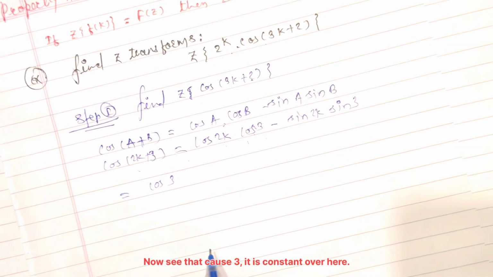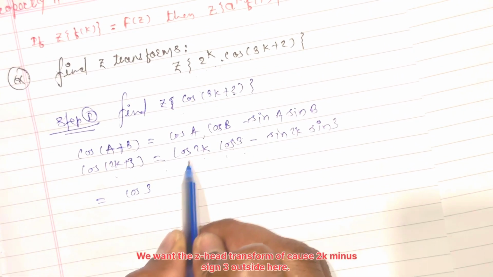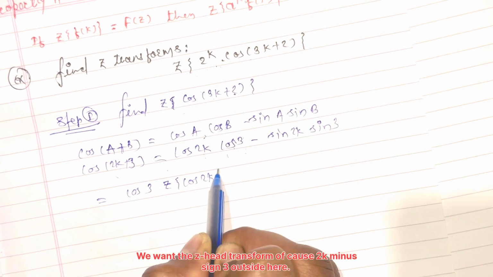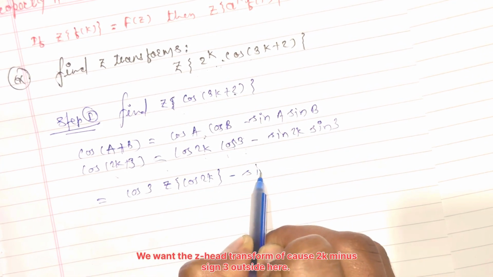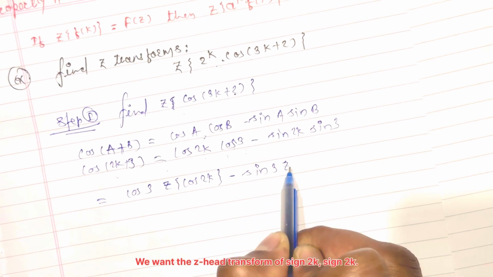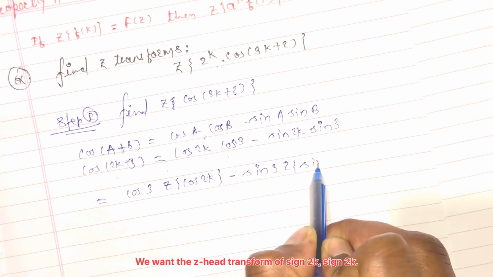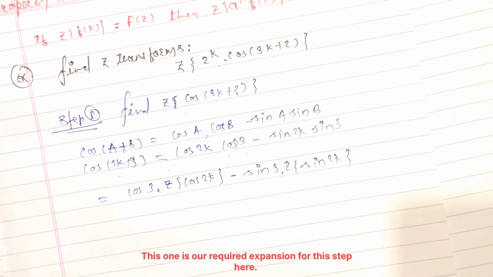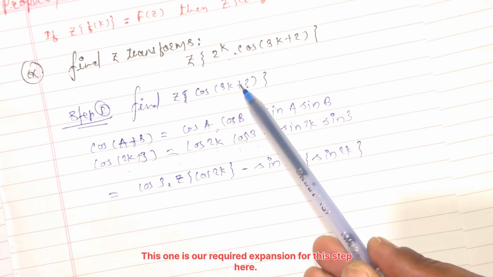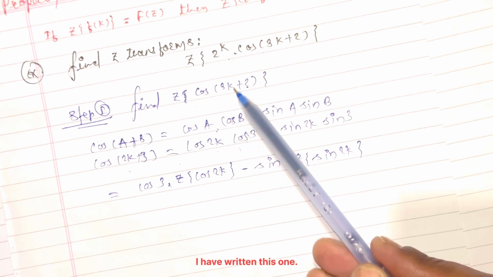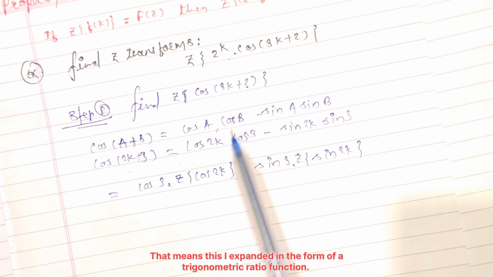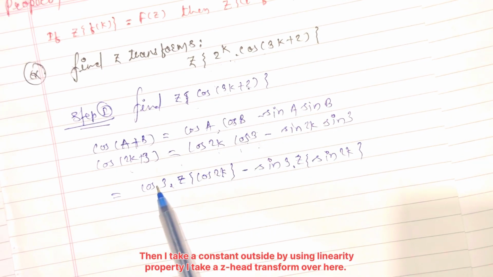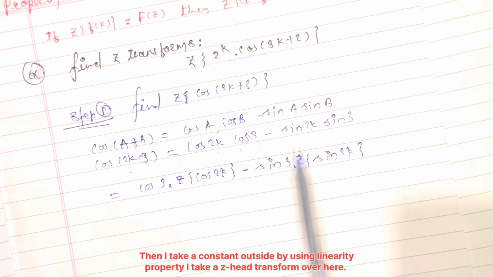Cos 3 is a constant here, so we want cos 3 times the Z transform of cos 2k, minus sin 3 outside, times the Z transform of sin 2k. I expanded this in the form of trigonometric functions, took the constants outside, and by using the linearity property took the Z transform.